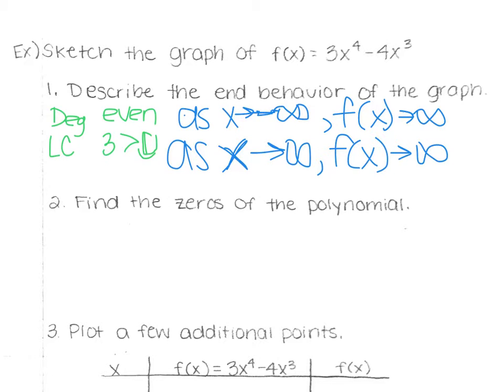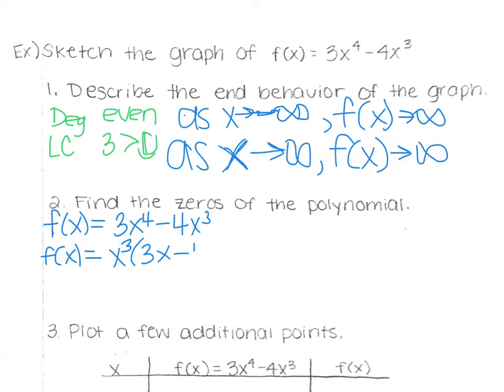Then it's asking us to write the zeros of the polynomial. We can factor this. f of x equals 3x to the fourth minus 4x cubed. I can factor out an x cubed, so I'm left with 3x minus 4. The only way for x cubed to be 0 is if x is 0.